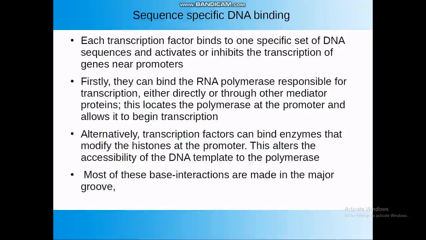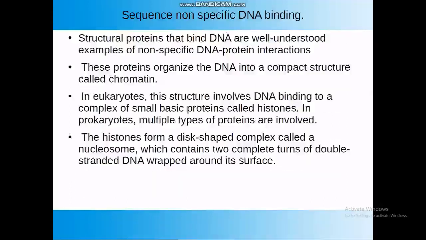Sequence non-specific DNA binding. Structural proteins that bind DNA are well understood examples of non-specific DNA protein interactions. These structural proteins organize the DNA into a compact structure called chromatin.